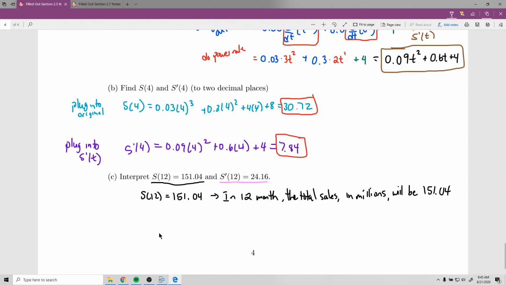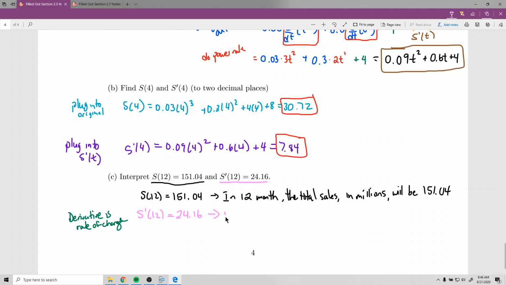Now, what does s prime of 12 mean? Right, if you know what s prime of 12 means, we can just fill in the number. So remember, the derivative is the rate of change. Since we're talking about sales here, it's going to be how the sales are changing. Right, so s prime of 12 equals 24.16.